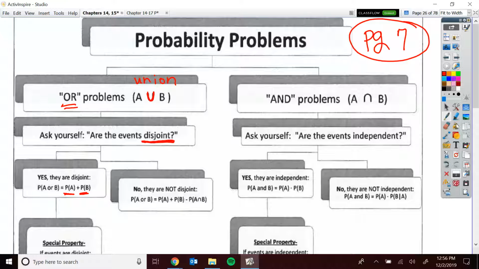So the outcome of one does not affect the other is the independent definition. Okay, so not disjoint. Who's got the disjoint one? Sage, go. They cannot happen at the same time. Okay, so being an American made car and being a German made car are two separate events that cannot happen at the same time. They are disjoint. All right, so when they are disjoint, then we have simple addition that we can do.